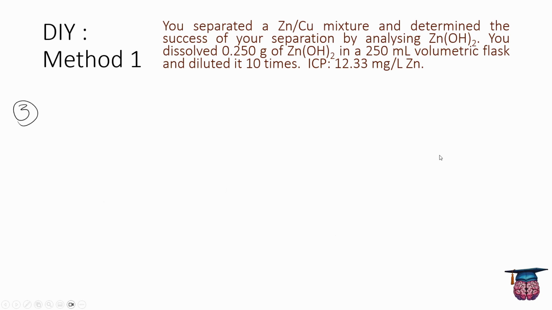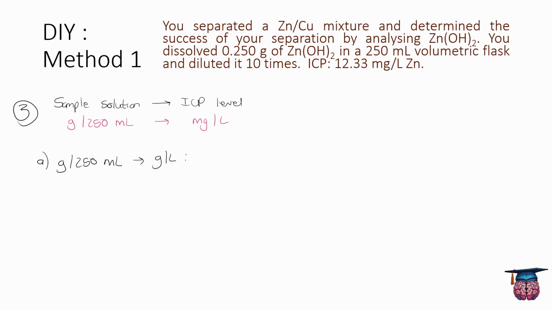Next, we are going to go from our sample solution to our ICP level. So we are going to go from grams per 250 milliliters to milligrams per liter. Now in step 1, we take the value that we calculated in step 2 and we take the gram per 250 milliliter value to a gram per liter value.